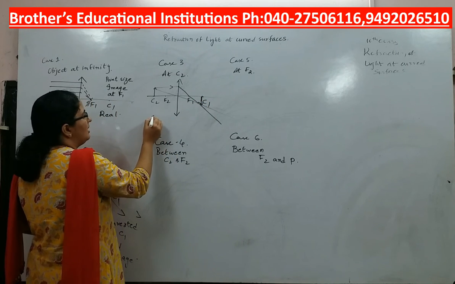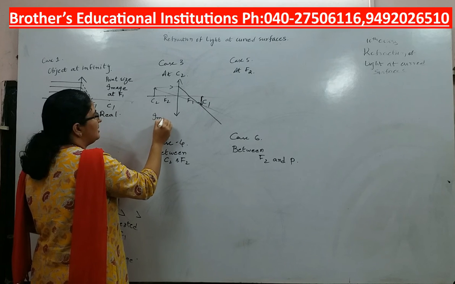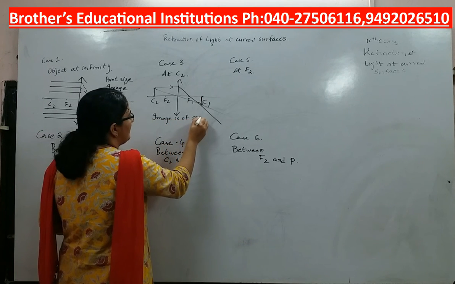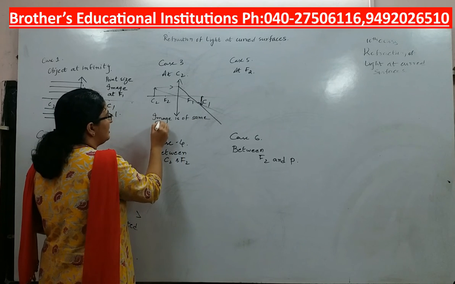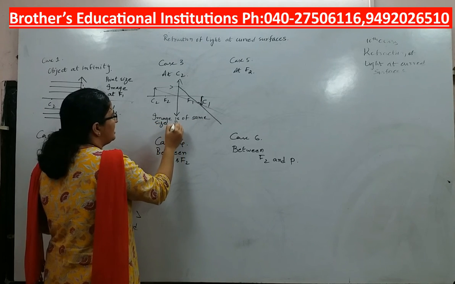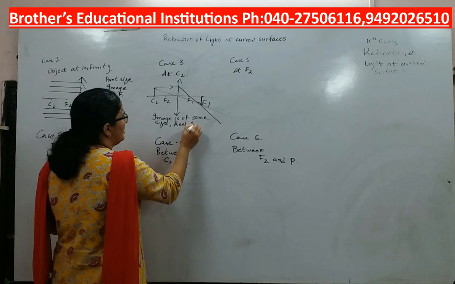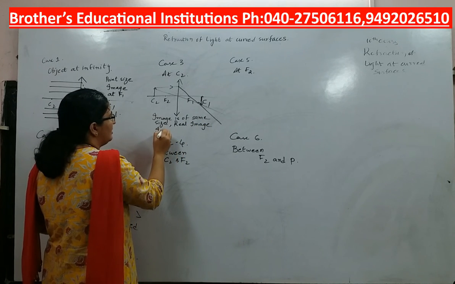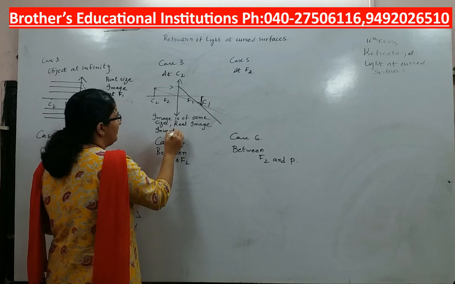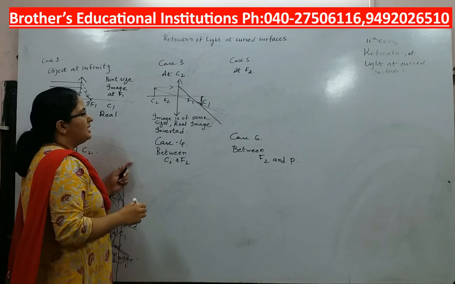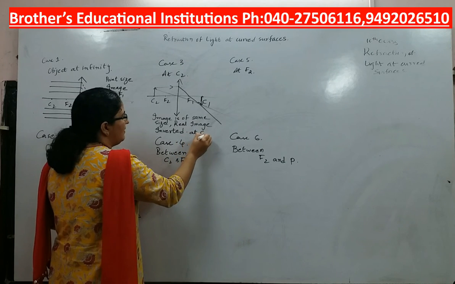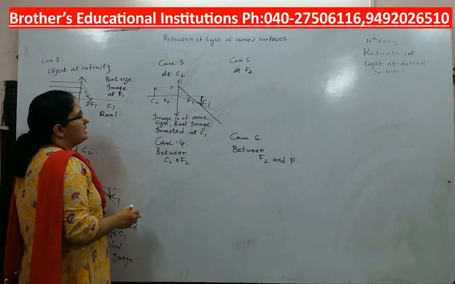Now the image is of the same size. It is a real image, inverted, of the same size, formed at C1.